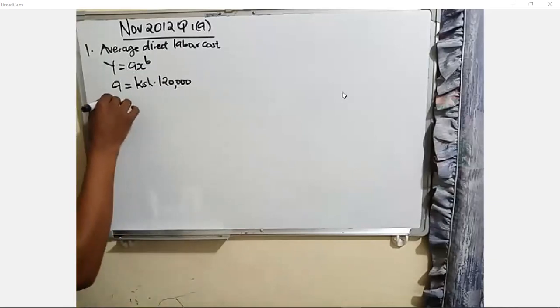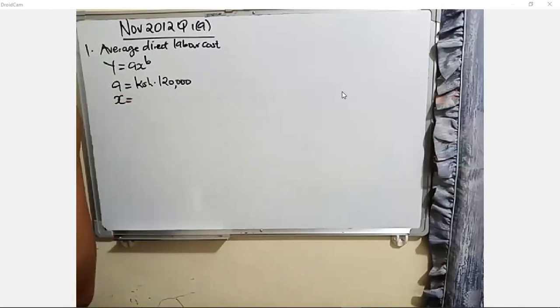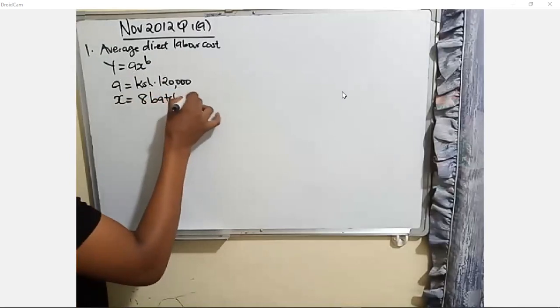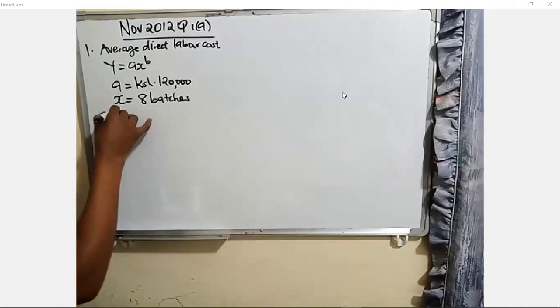So our x, the cumulative units, is 8 batches. Then I need my b, which is the learning index.